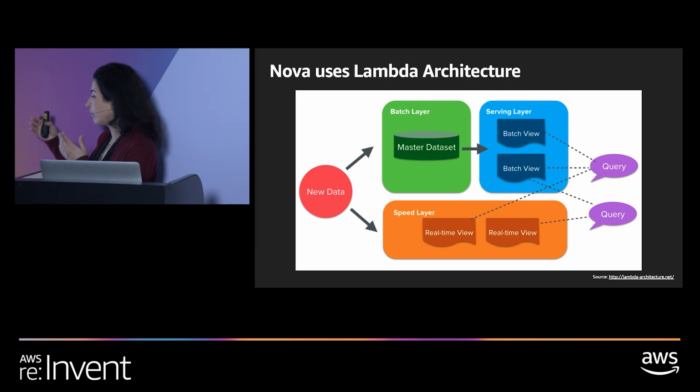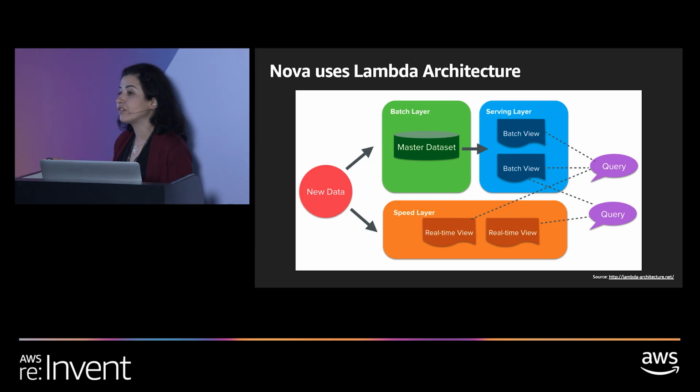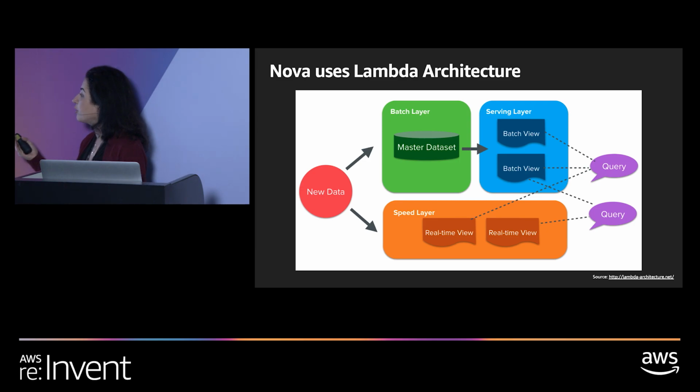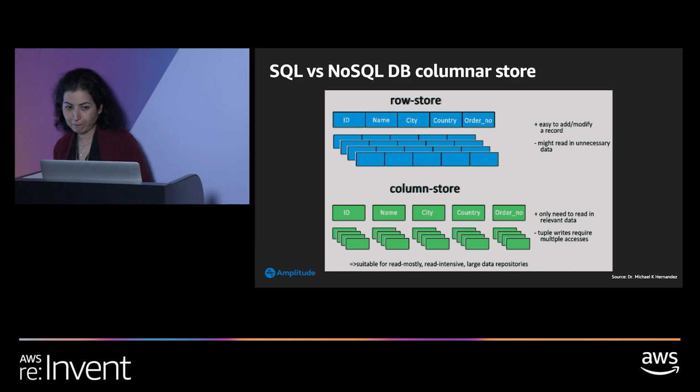And every so often, like every day, we collect that data and batch it and put it in the batch layer. And our query engine in the front, when it receives a request, asks both the speed layer as well as the batch layer to get the result, merges them and shows the holistic view to our customer.